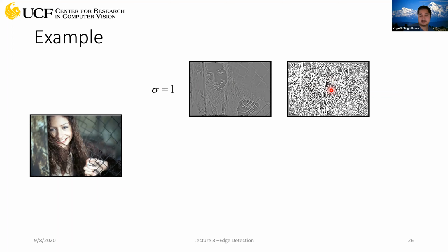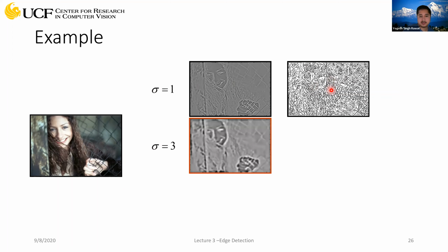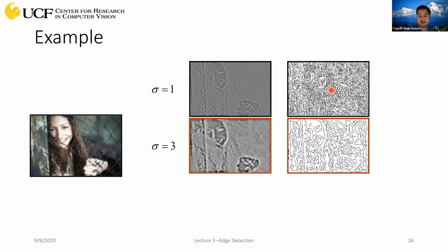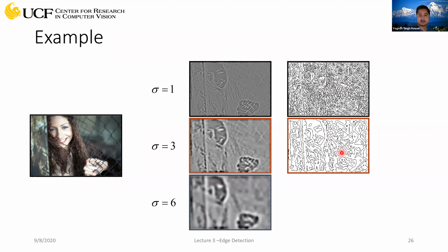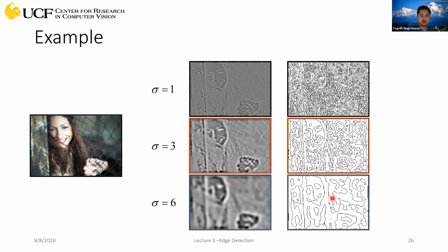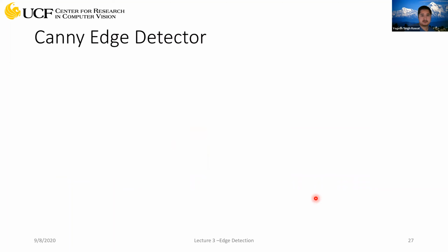So these are the edges using a small standard deviation. If you start increasing that, you can observe that the density of the edges is reducing, and instead of local edges, you are getting higher level edges. If you increase this further, you can see that it's very sparse. So that was the effect of changing the standard deviation.